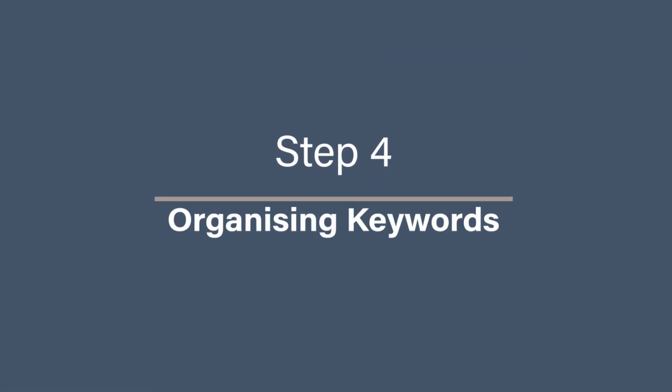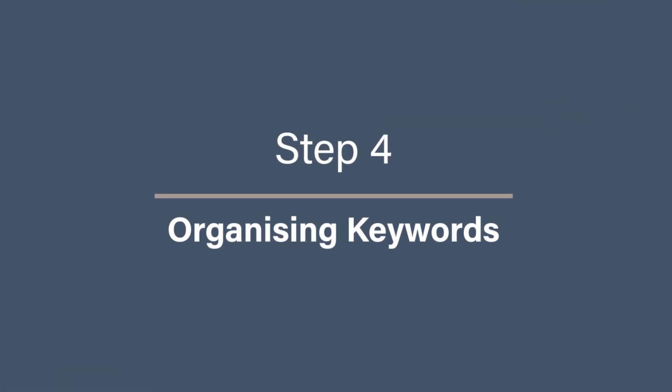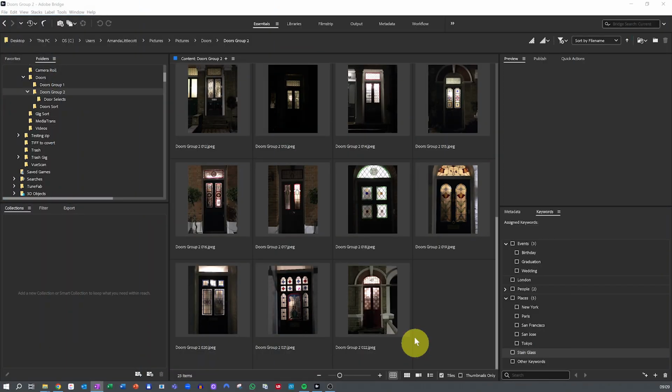Step 4. Organizing your keywords. To keep your keyword system tidy and consistent, you can edit and organize your keywords. The first thing to do is edit your keywords. You can change a keyword whenever you want by right-clicking on it in the keyword panel and renaming or deleting it. For example, if you no longer need 2020 trip, you can delete it or merge it with a broader category like vacations.